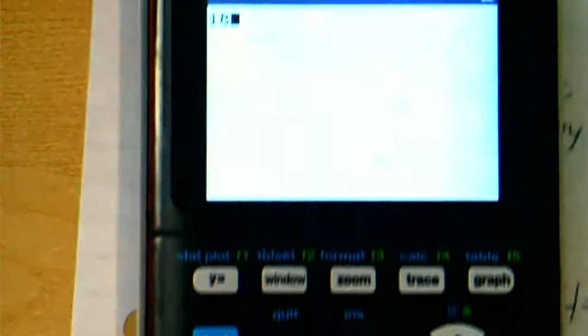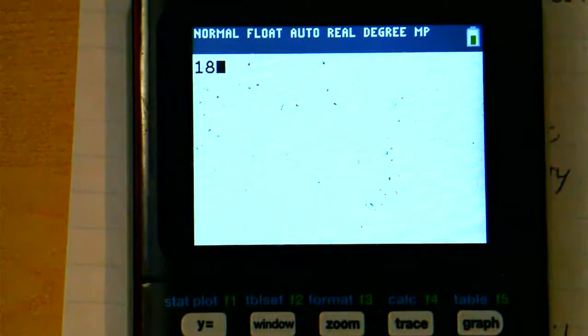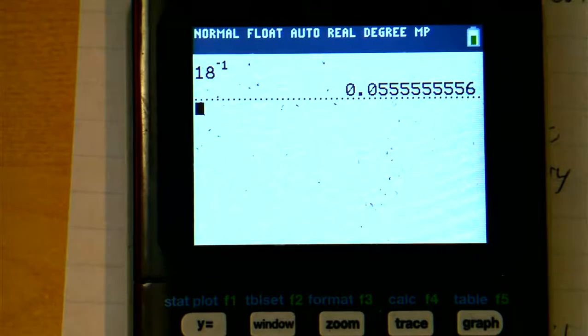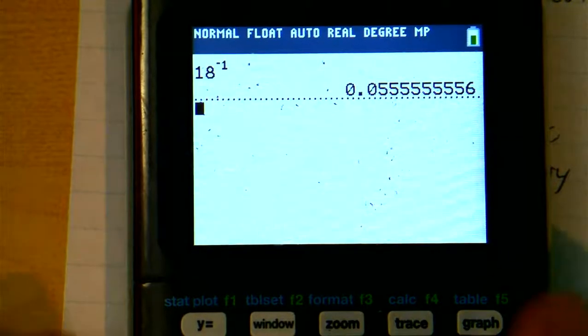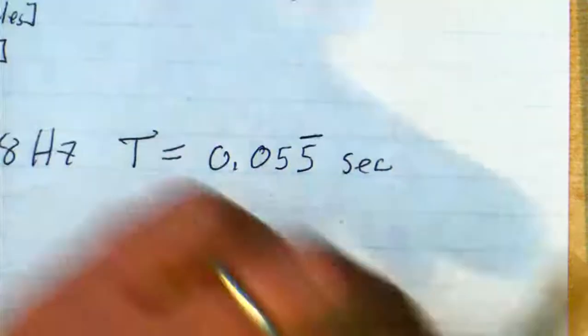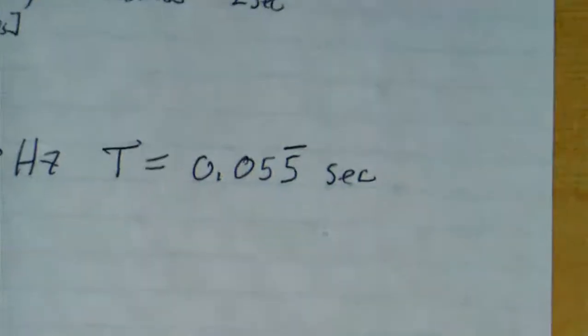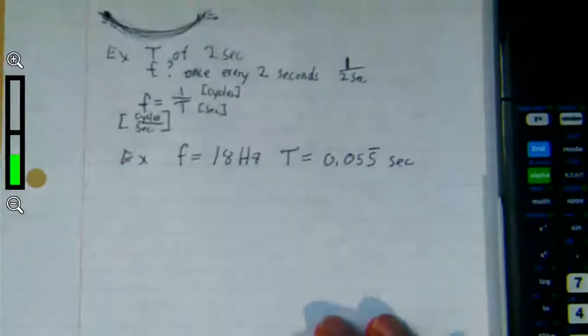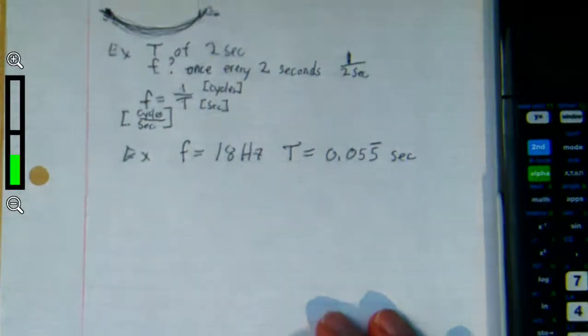So if I put in 18 and ask for the reciprocal, it says 0.0555555, with a bar over the 5, meaning it goes forever. Seconds, that is the amount of time, the period, for a frequency of 18 hertz.